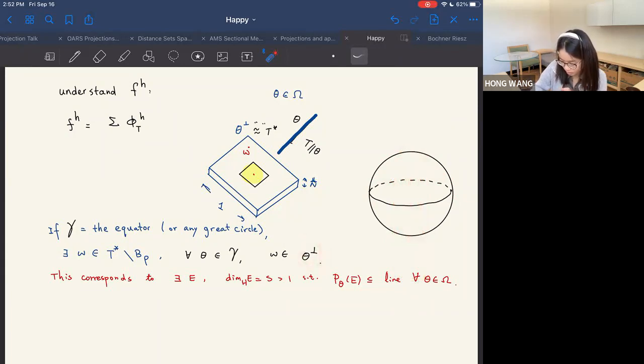So in other words, there is a huge multiplicity for those T stars. In the equator case, every single T star will contain our omega. And this is different from the planar case, where in the high frequency part, the T stars are morally destroyed.